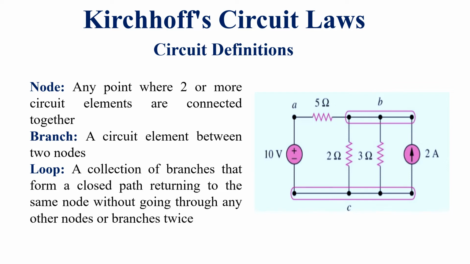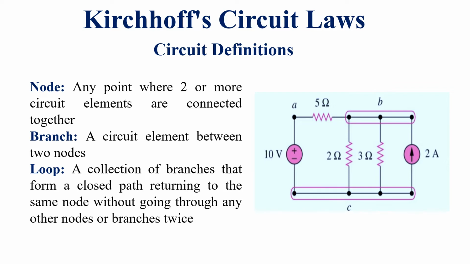The point from which 5 ohm resistance is connected to 2 ohm resistance is basically called a node, the point where two or more circuit elements are connected. So this is the point where 3 ohms resistance, 2 ohms resistance and 5 ohms resistance are basically connected. So this is called the node.